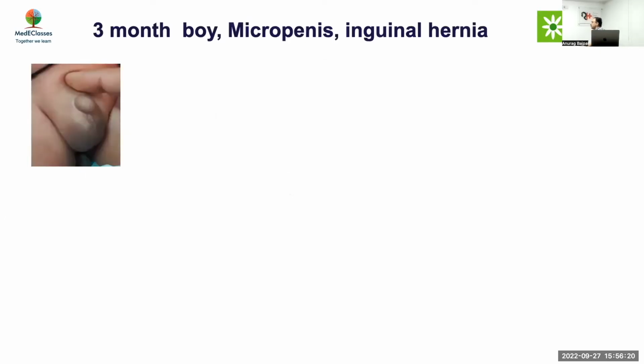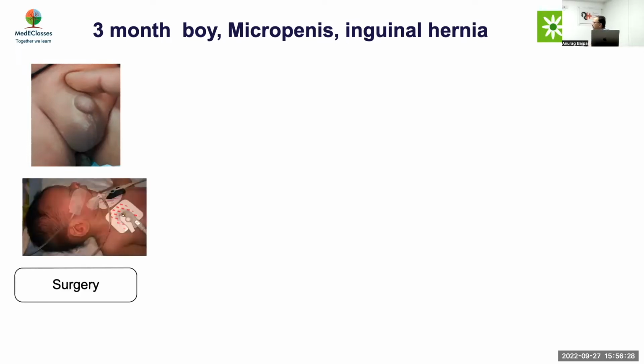Now let's go on to cases. Manoj, a 3-month-old boy with micropenis and inguinal hernia was referred for surgical exploration. And then we saw the child. He had some facial features like upturned nares. What are you thinking about? Sir, in a 3-month-old child with micropenis, with palpable gonads, with these syndromic features, you have to look for cholesterol.